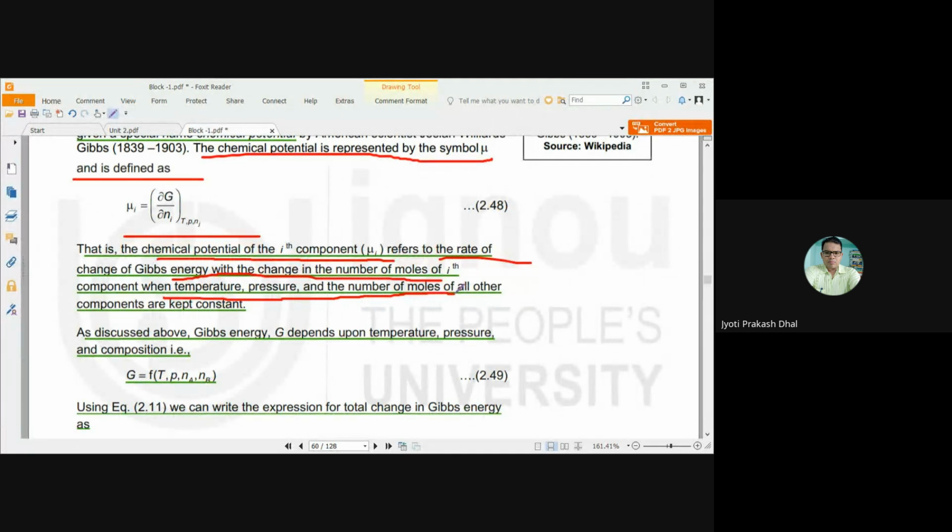Again, I am repeating here, the chemical potential of the ith component in a mixture refers to the rate of change of Gibbs energy with change in number of moles of the ith component when temperature, pressure and number of moles of all other components are kept constant.